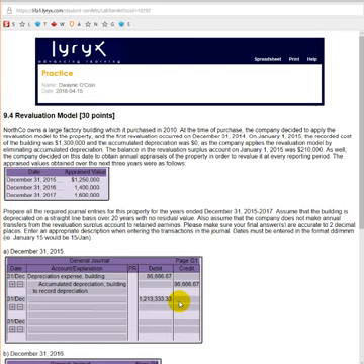So we want to record the building at an appraised value of 1,250,000, which means that we have to increase the value from 1,213,333.33 to 1,250,000.